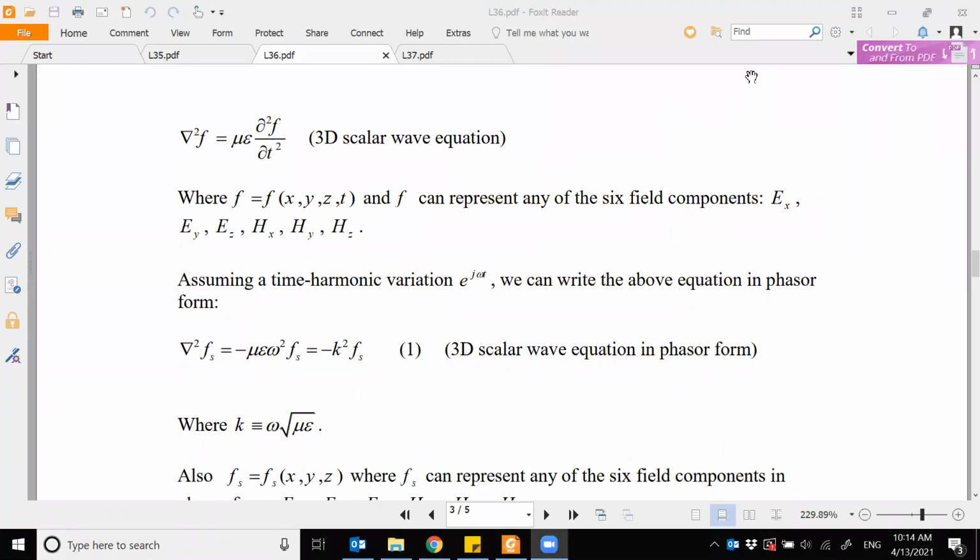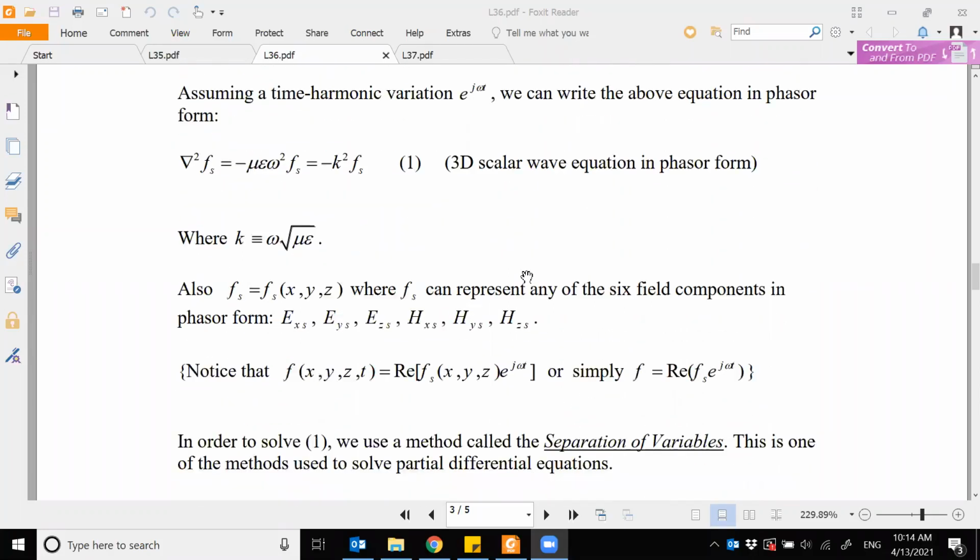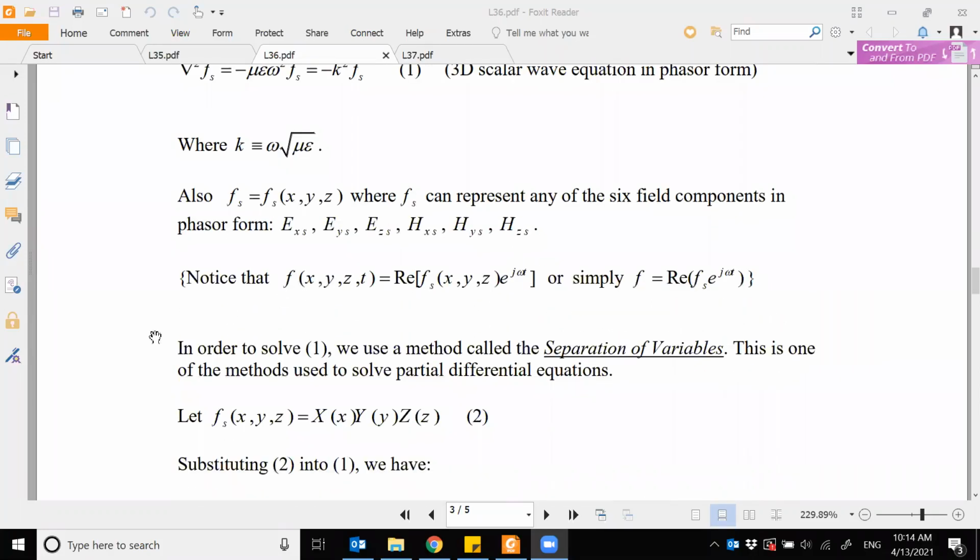Now, next. As you can see, we have removed the time dependency. So therefore, now my phasor Fs, which is the phasor of F, is only a function of x, y, z. And this will represent any of the 6 field components, which are Exs, Eys, Ezs, Hxs, Hys and Hzs.